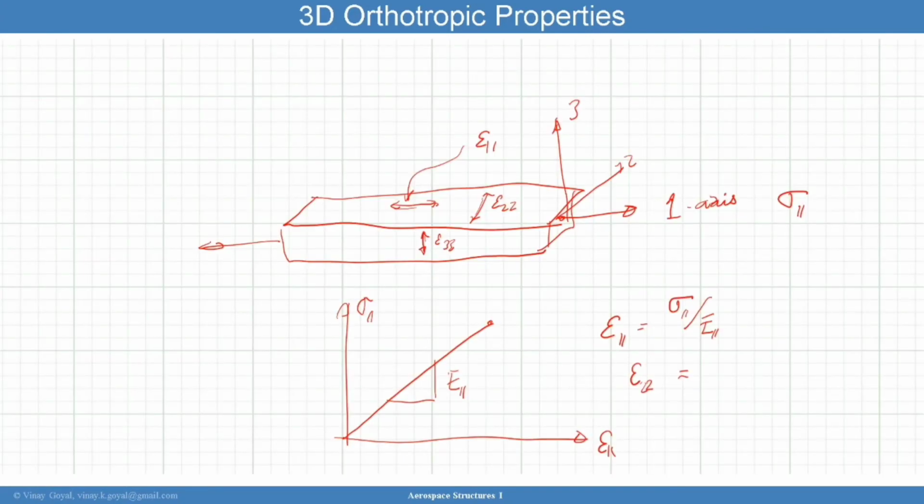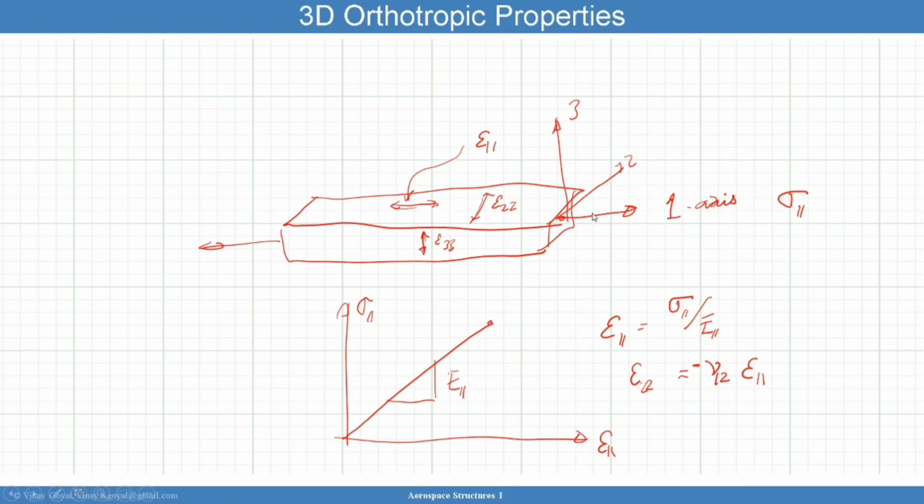I know it's going to be a fraction of epsilon 1,1, and it's going to be a negative sign. I'm going to say that epsilon 2,2 will contract by the Poisson ratio times epsilon 1,1, and it can be measured. I'm applying loading in one direction and measuring in the second direction, so I'll put 1,2. And nu is the Poisson ratio.